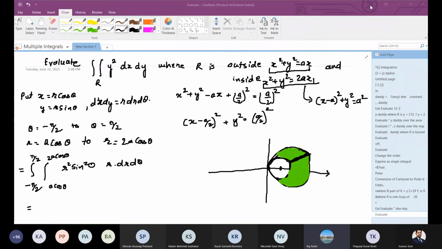Sir, how did you get the limit of theta? Theta can be given from the diagram, minus pi by 2 to plus pi by 2. So here you have the product of r and theta, so the integrand can be separated.